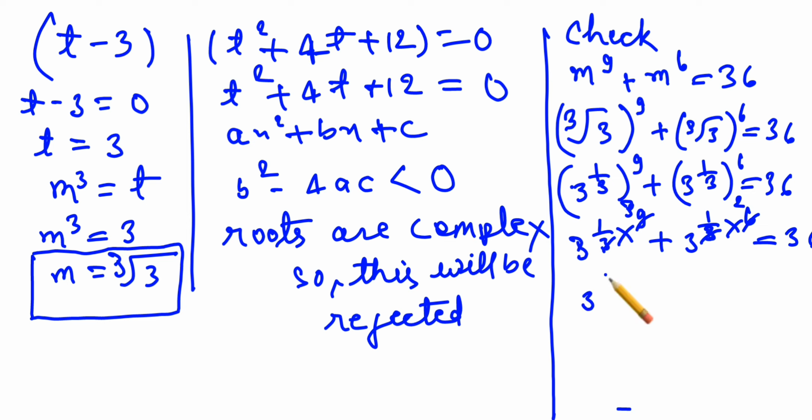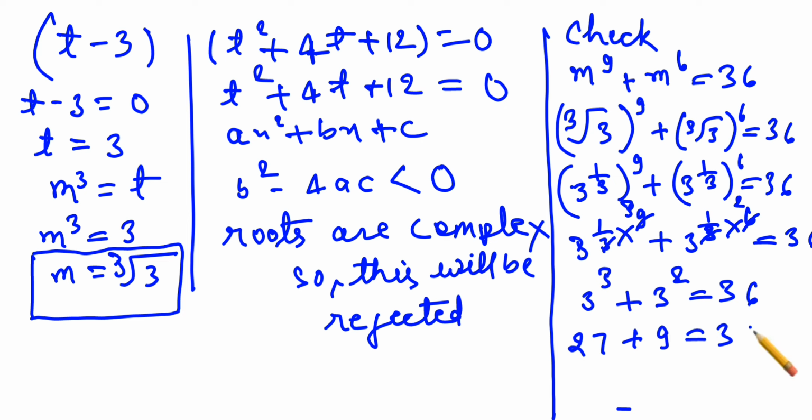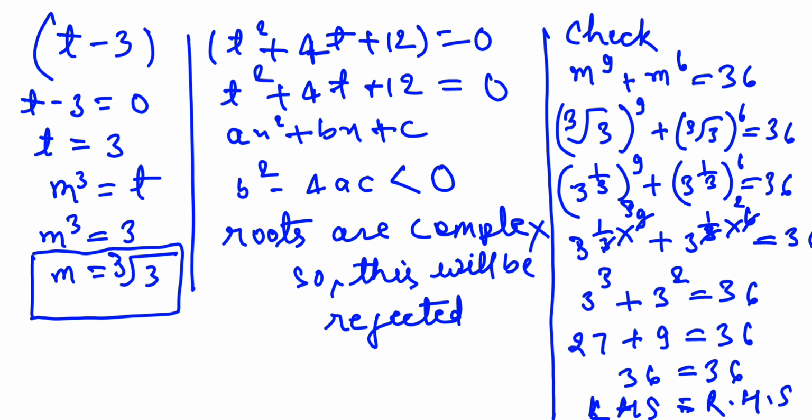So we have 3 to the power 3 plus 3 to the power 2 is equal to 36. 3 to the power 3 means 27, plus 3 to the power 2 means 9, is equal to 36. 27 plus 9 is 36, so 36 is equal to 36, means LHS is equal to RHS, means our answer m is equal to cube root of 3 is right.